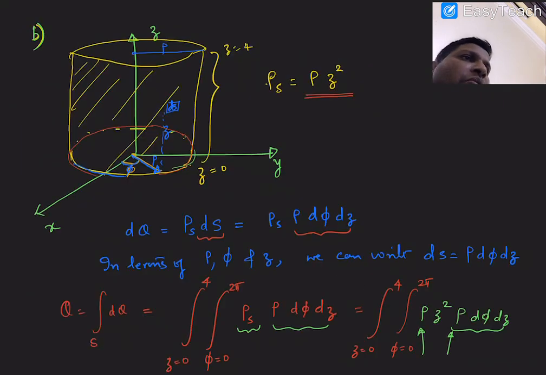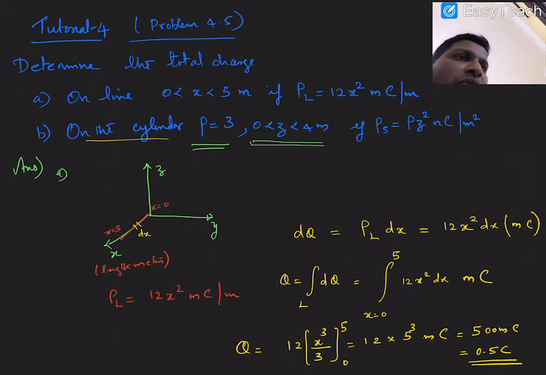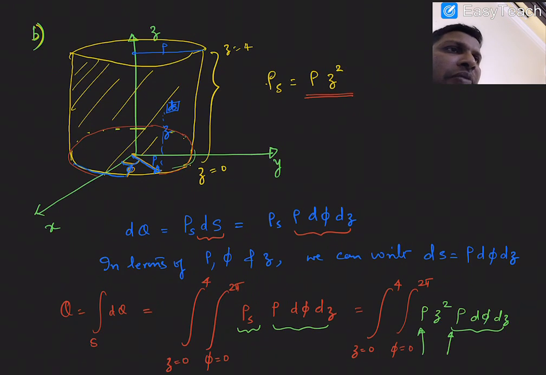Now be very careful while doing the problem. You see here that the unit is nanocoulomb per meter square. So our charge will be of the order of nanocoulomb.